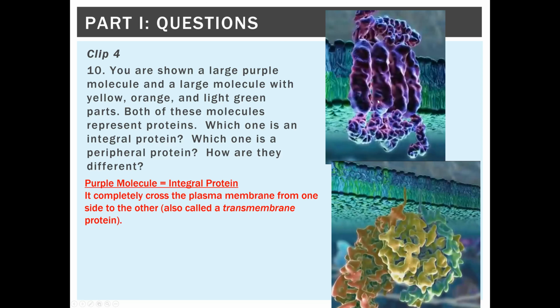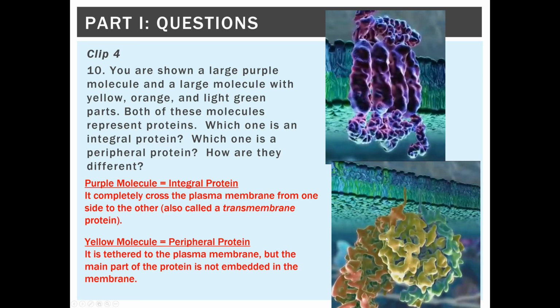So the purple molecule in the picture at the top here is what we call an integral protein. And it's an integral protein because it completely crosses the plasma membrane from one side to the other. Also, these can be called transmembrane proteins because they go across the membrane. Then this big yellow, orange, green molecule shown down here is a peripheral protein.